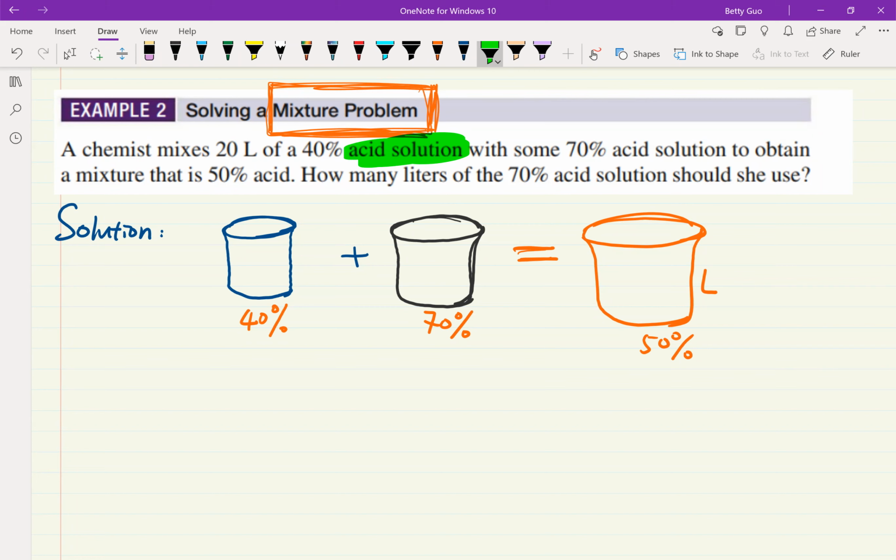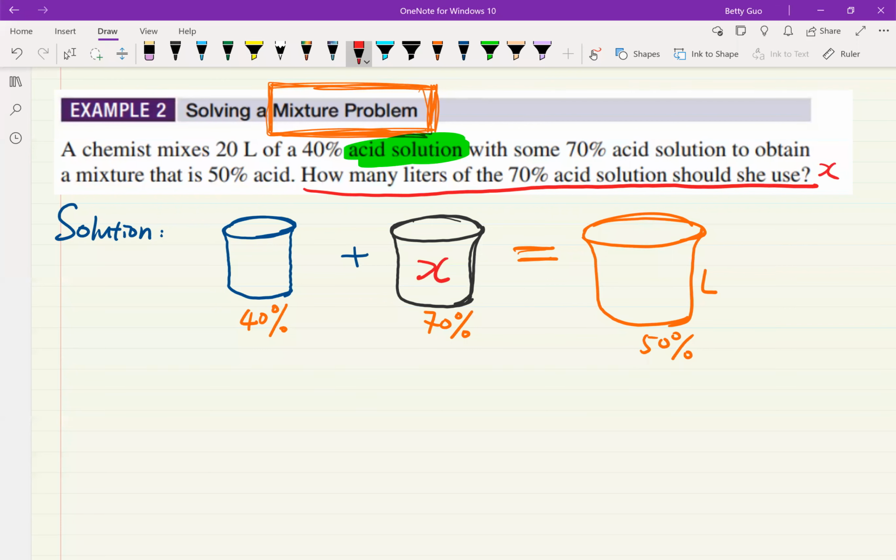Okay. What are we looking for? We are looking for how many liters of 70% acid solution she should use. How about we say x liters? That's what we want to look for, right?